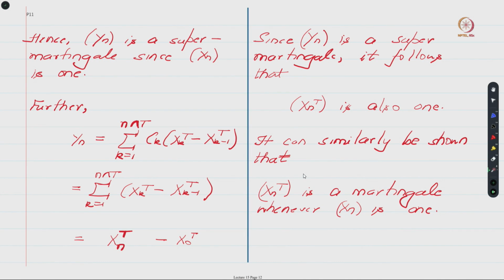As I said, by using one of the previous results we had proved, since Xn is a supermartingale, we immediately have that Yn is also a supermartingale.